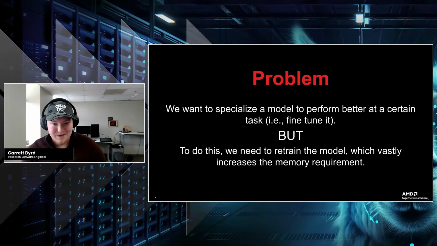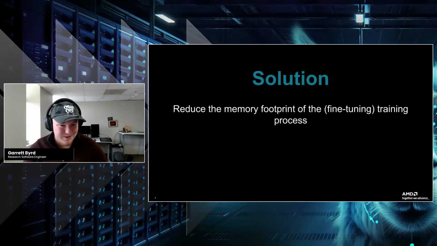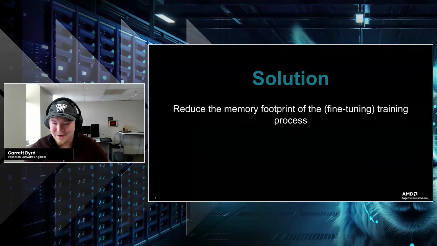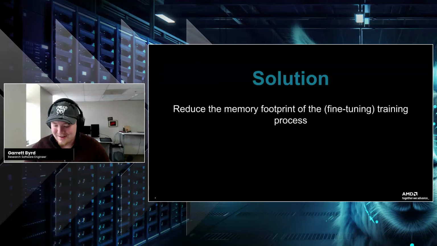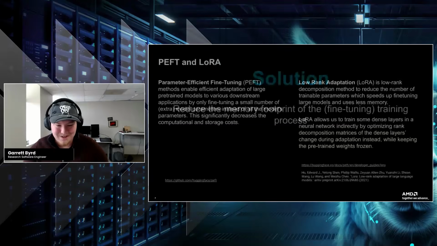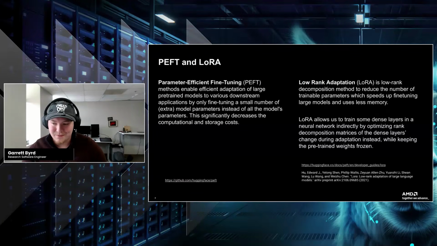But at the end of the day, we have new data, and we're going to have to go through that training process again, which is, as we just discussed, quite memory expensive. So we present a little bit of a naive solution here. Let's just reduce the memory footprint of this training process. Again, it sounds naive, but there are some wonderfully clever techniques to get this done.